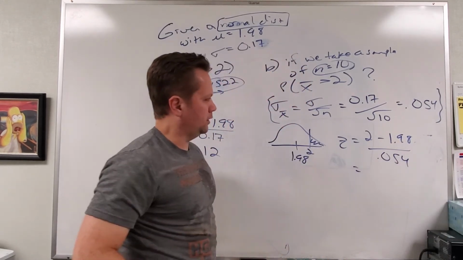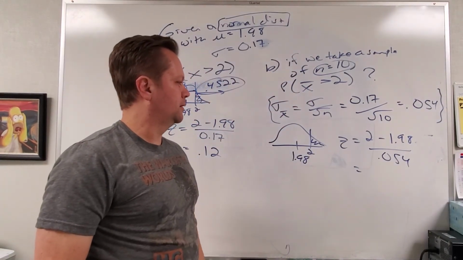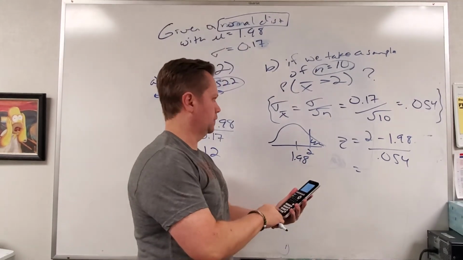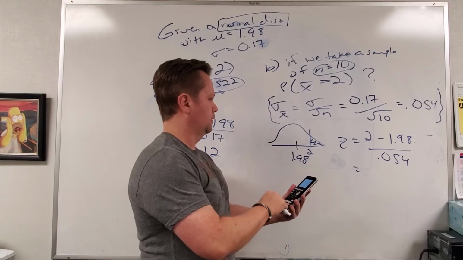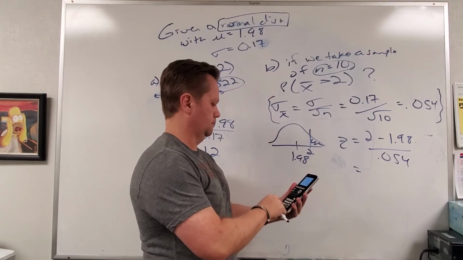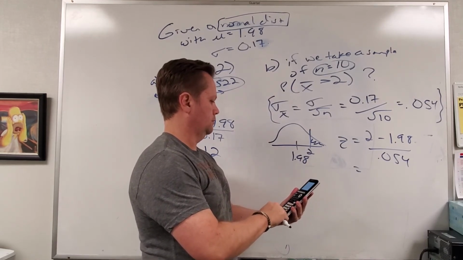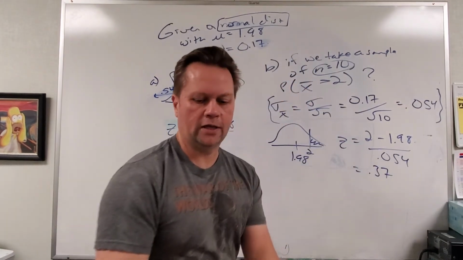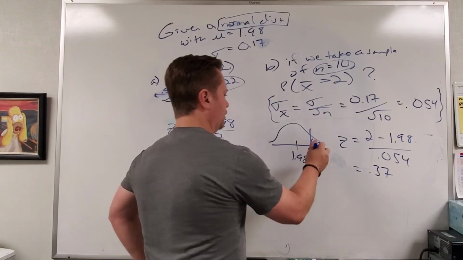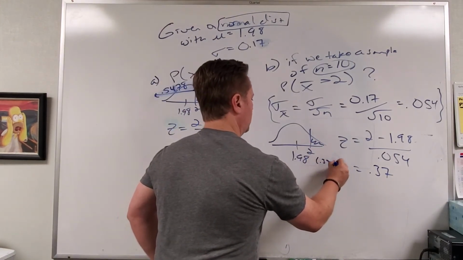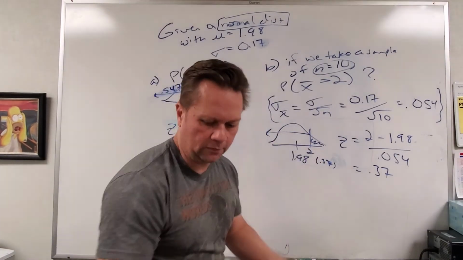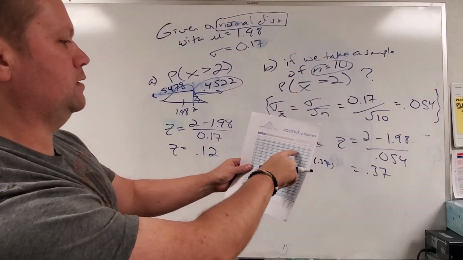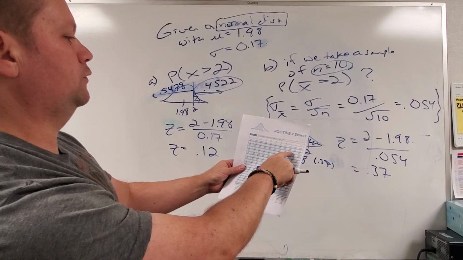And that is going to be, bam, bam, I don't know, 0.36. Let's see. 0.37. All right. I got to show off every now and again. So that's 0.37. So when I look that up, again, it's not going to be the answer because I need that side. But let's see, 0.37 looks to be 0.6443.